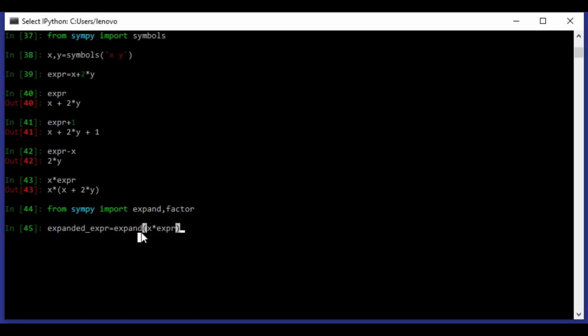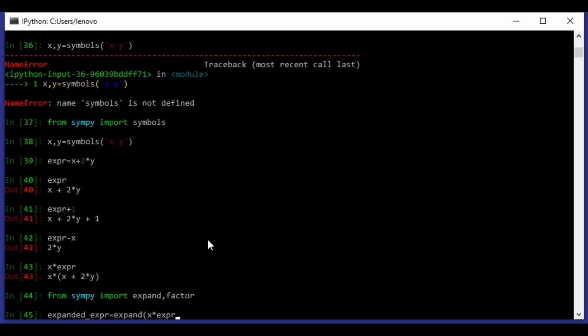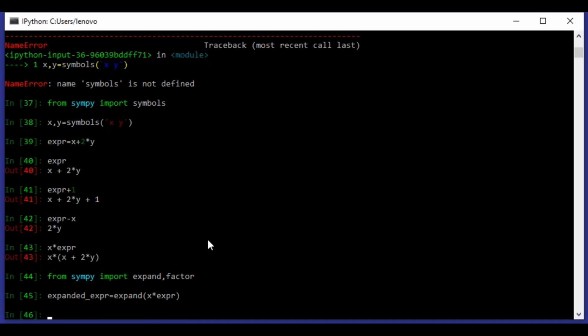Okay, the code is executed, then we can see the expanded expression.